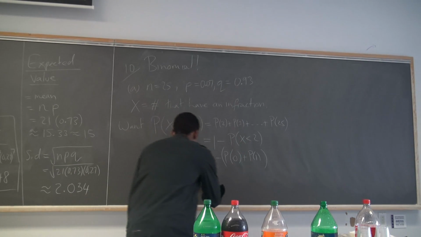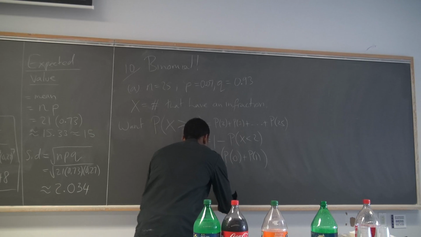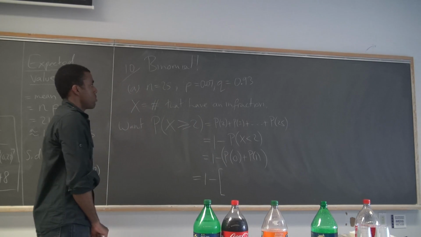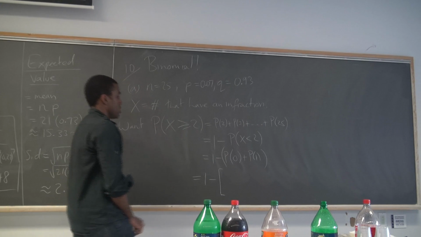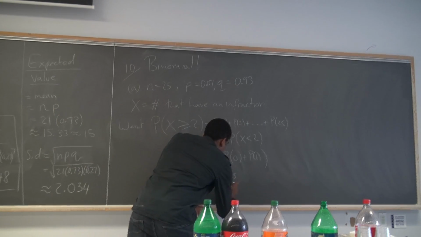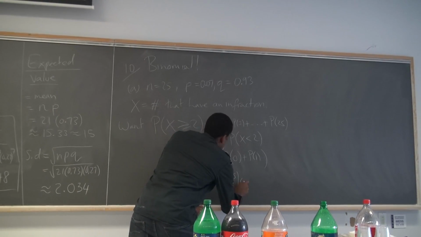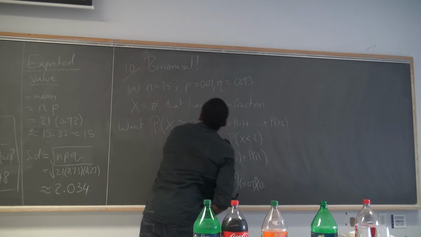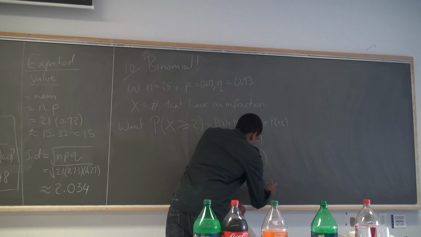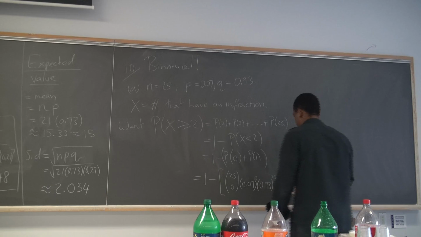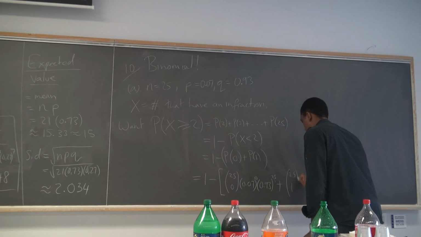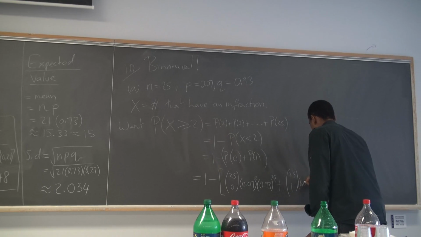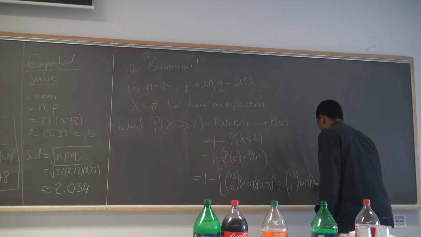Right, so P of 0 is 25 choose 0, 0.07 to the 0, times 0.93 to the 25. Plus 25 choose 1, 0.07 to the 1, times 0.93 to the 24.